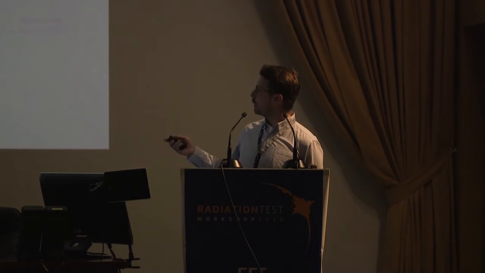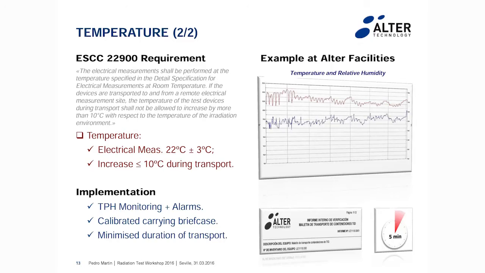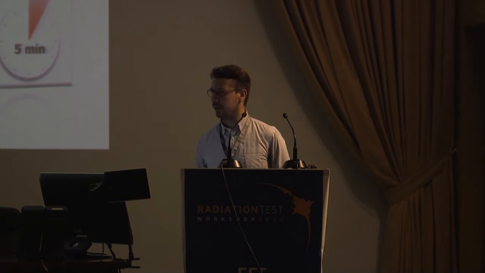The temperature is also required during the electrical measurements, but it's easy to comply with if you have a controlled area in your laboratory. And another requirement is about the temperature during the transport from the irradiation room to the laboratory of the electrical measurements.